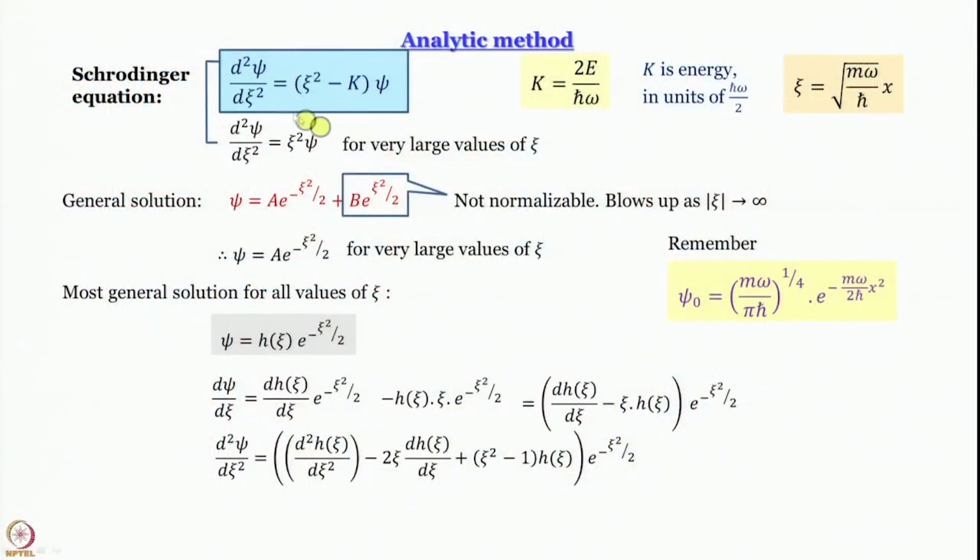So, we have obtained this expression for d2 psi d xi 2 which we can now replace in this expression of the Schrodinger equation and then we can go further ahead. That is what we will do in the next module.